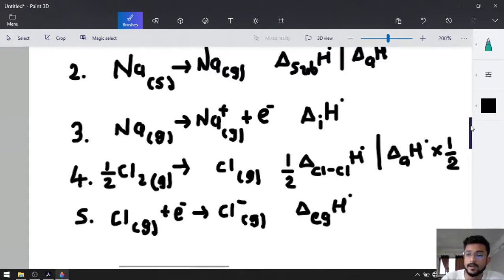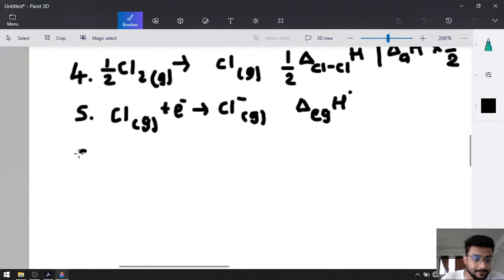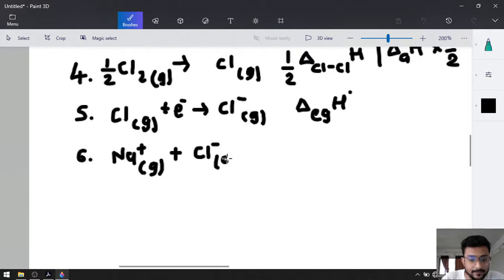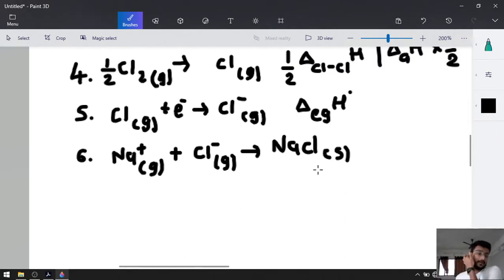In the sixth step, Na plus in a gaseous form will combine with Cl minus in a gaseous form, and it will give me NaCl solid in a standard form. So this is the reverse of lattice enthalpy.